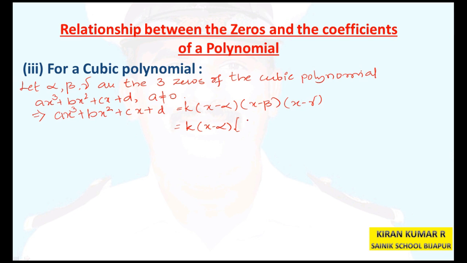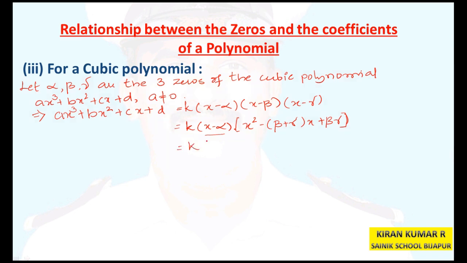So k times x minus alpha into x square minus beta plus gamma into x plus beta gamma. Now let us multiply this x minus alpha to each term in the bracket.